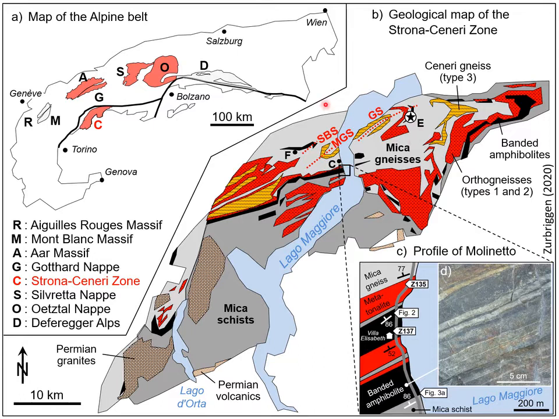Looking at the map of the Strona-Ceneri zone here, it becomes obvious that the banded amphibolite horizon, which goes about here, separates two units, a unit which is composed mostly of mica schists versus a northern unit which is composed of mica gneisses.